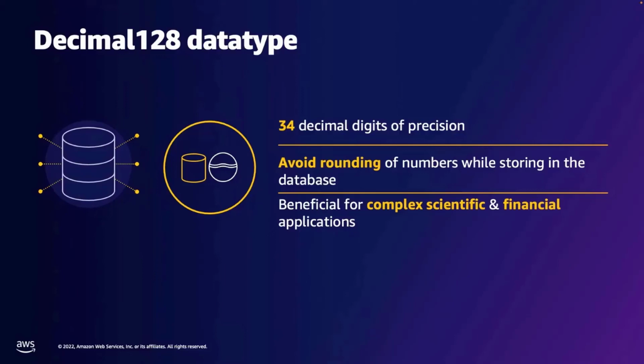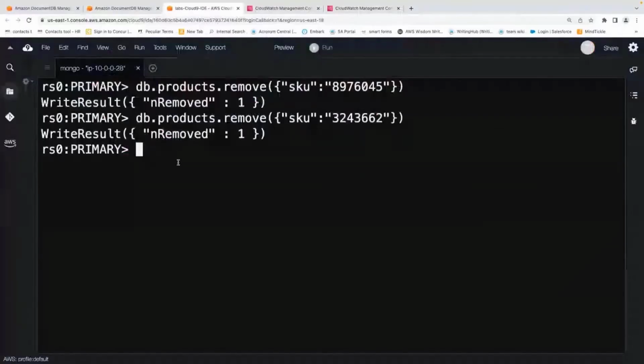Let us see a demo on how Decimal128 can help avoid rounding errors and store the exact values in the database. In this quick demo, I'll show you how Decimal128 would store the exact value when compared to the double, and what is the right way of storing Decimal128 values in the database. Back to my Cloud9.